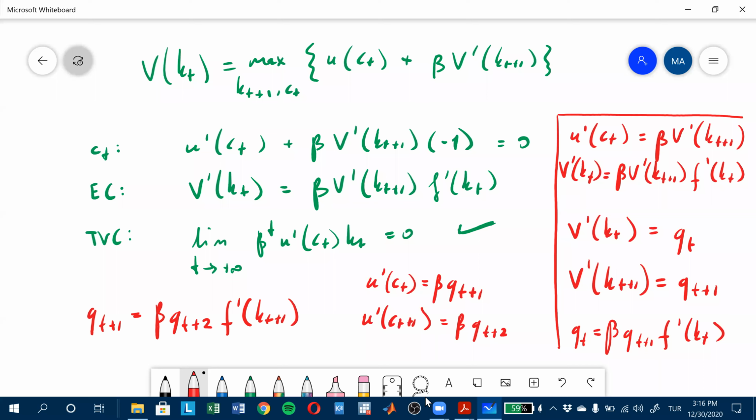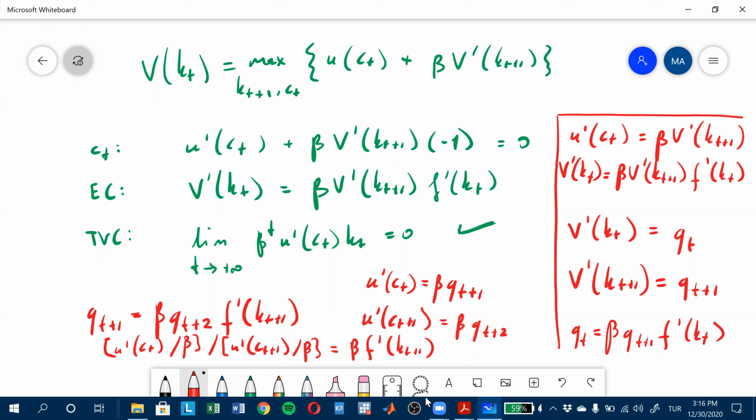So you have at the end U prime C_t divided by beta, divided by U prime C_{t+1} divided by beta, equals beta F prime K_{t+1}.